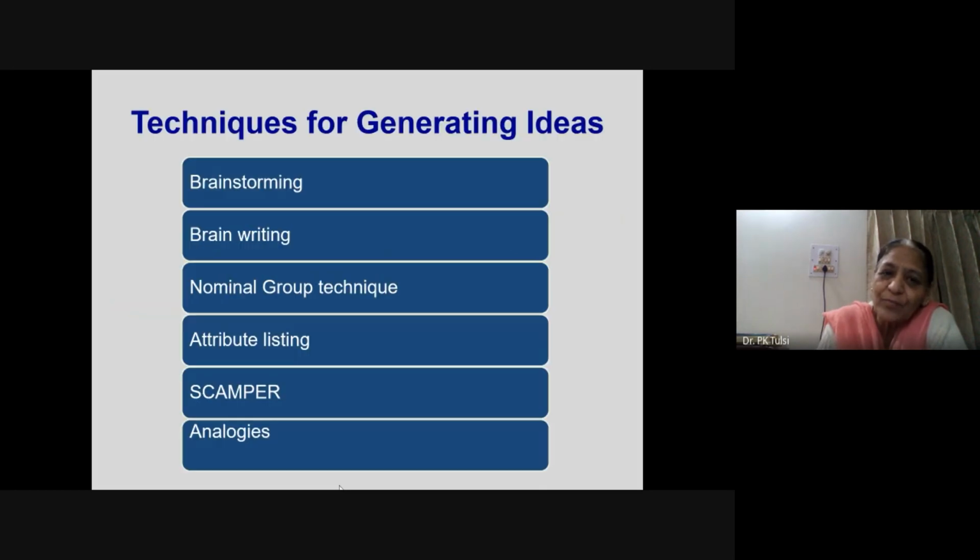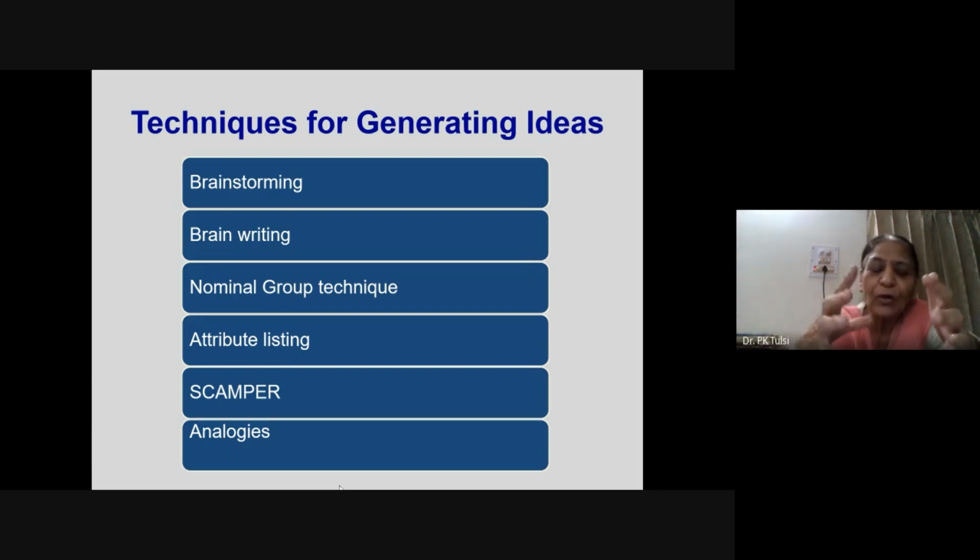So, when it comes to generation of ideas with respect to mitigating the adverse effects or enhancing the collaboration between the industry or enhancing the market share of an industry, the first of the techniques, which is most widely used, is brainstorming. Brainstorming involves generation of ideas with deferred judgment.